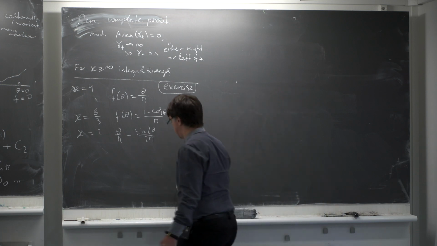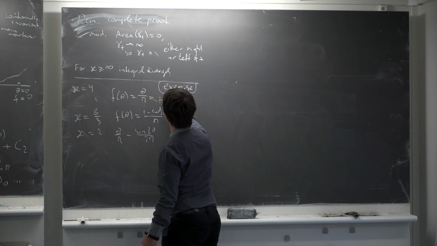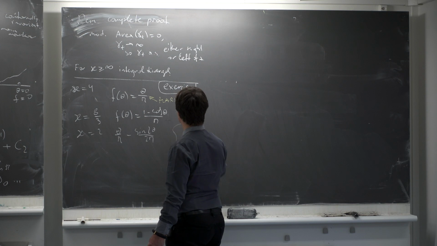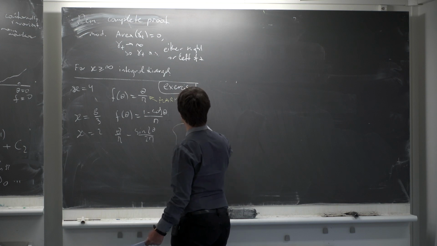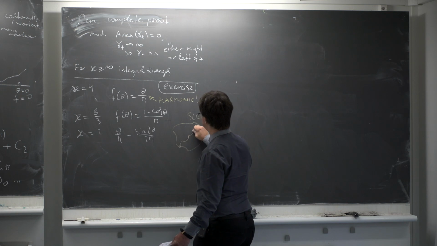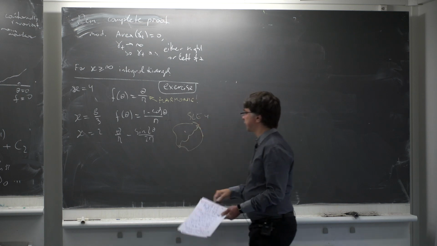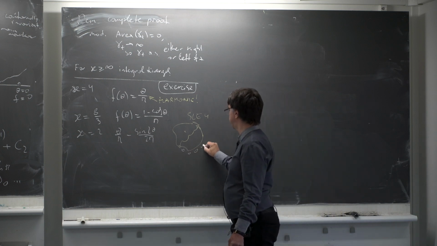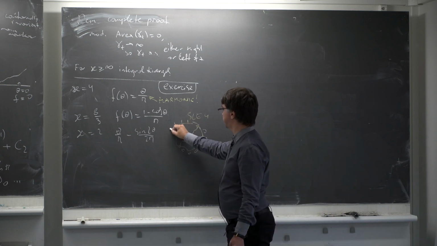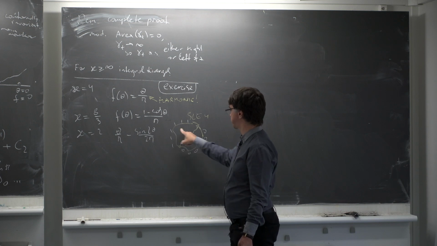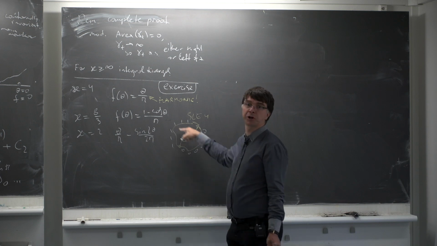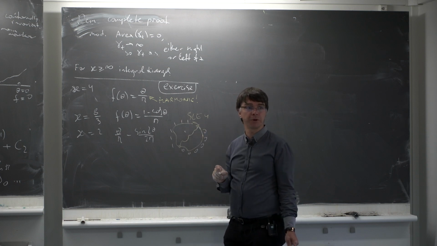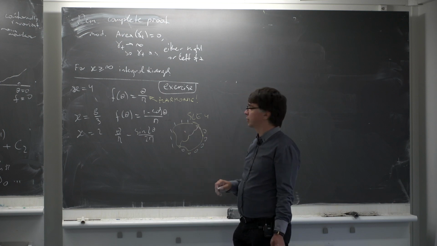So what happens if you run SLE4 from here to here, and you ask what is the probability that you pass to the right or left of a point? You take boundary value 0 here, boundary value 1 here, because the curve is always to the right of these points and to the left of this, and then you take the harmonic function in between with these boundary values. The solution of the Dirichlet problem tells you the probability that you passed to the left of a point.